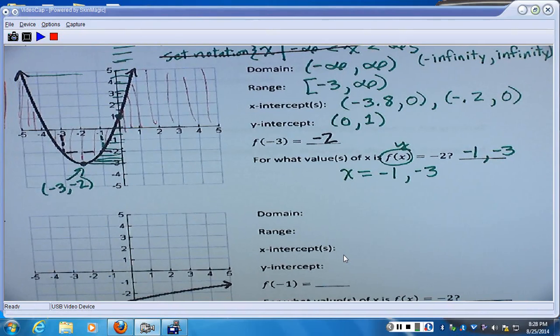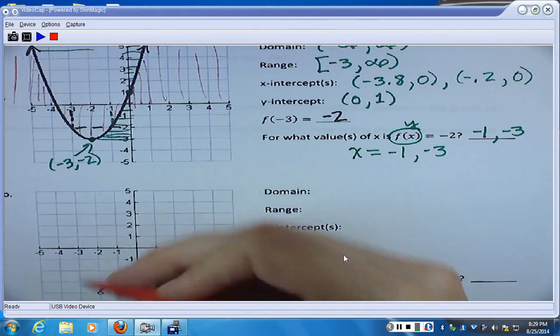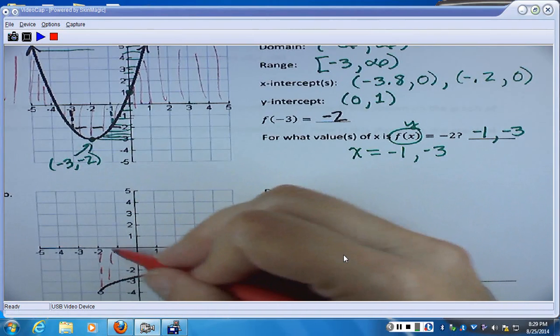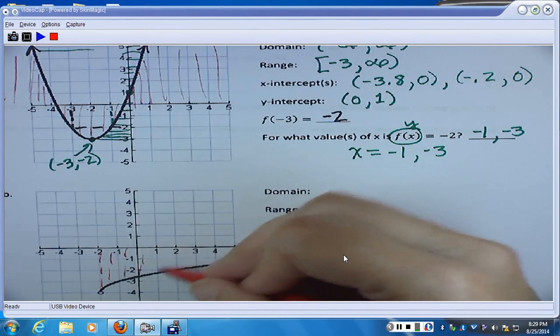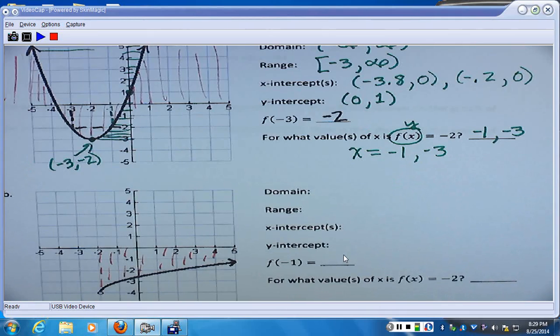Okay, and the next one, domain and range. So project to the x-axis. And what does this open circle mean?